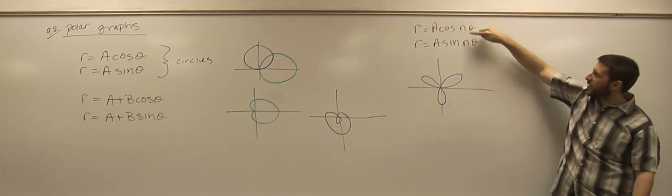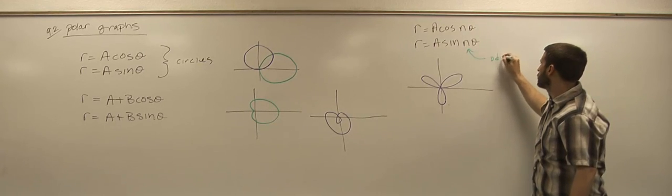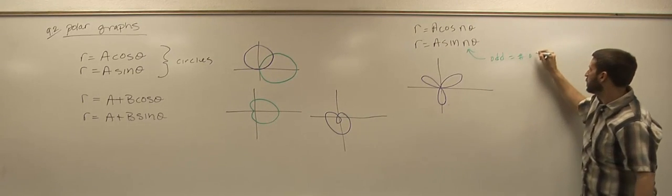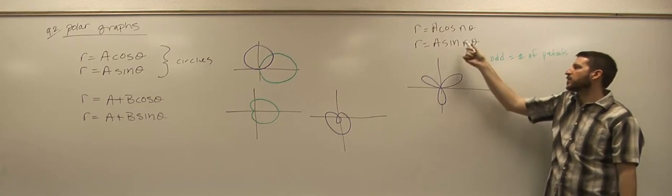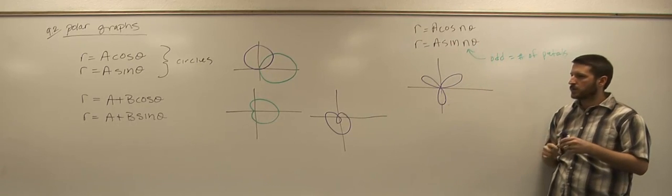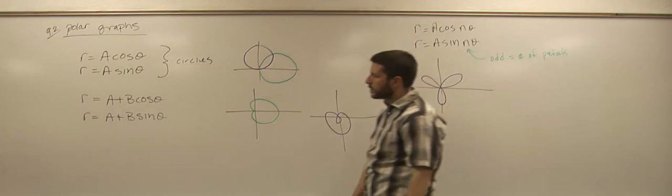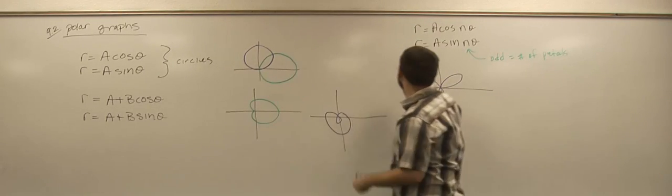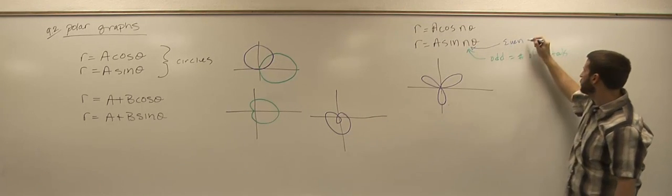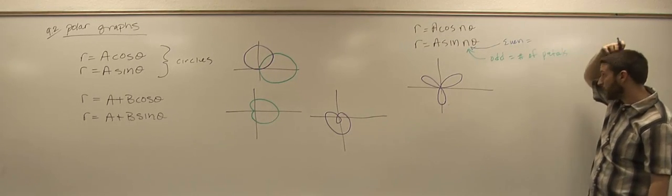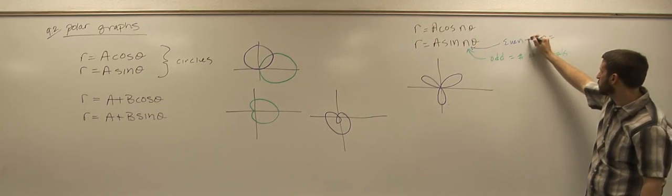If the number is odd, that tells you the number of petals automatically. So if you're graphing sin 3 theta, you'll have 3 petals. Cos 3 theta, you'll have 3 petals. If the number is even, then you multiply n by 2, so 2n equals the number of petals.